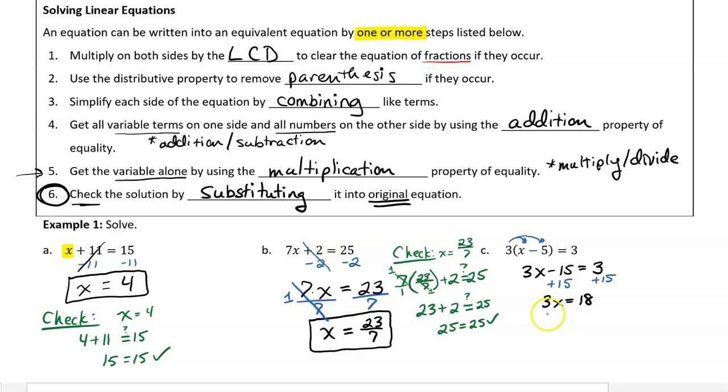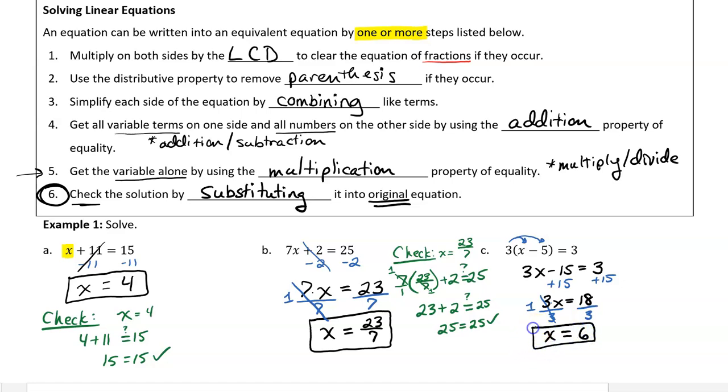Use that multiplication property of equality. This is being multiplied. 3 times the x. I want to get rid of that 3. So I just want my variable alone by itself. 3 divided by 3 becomes 1. 1 times the x is just simply x. And 18 divided by 3 is 6.